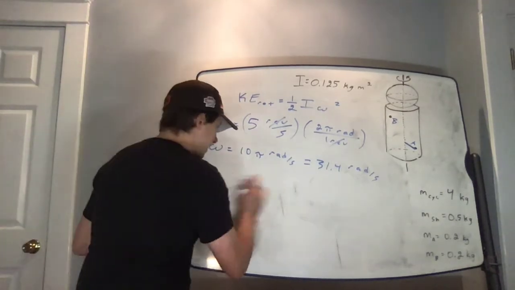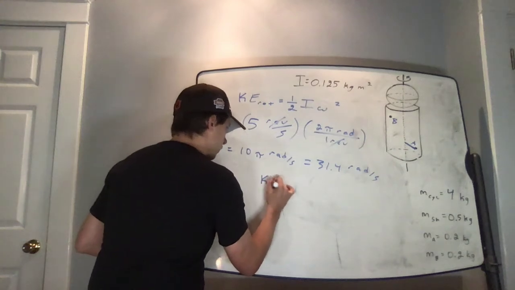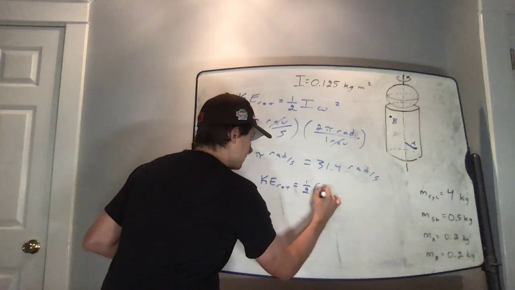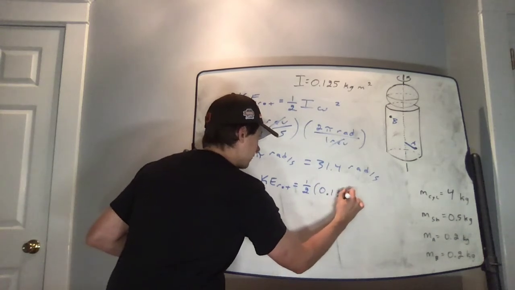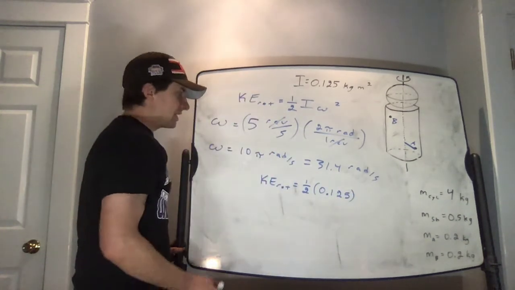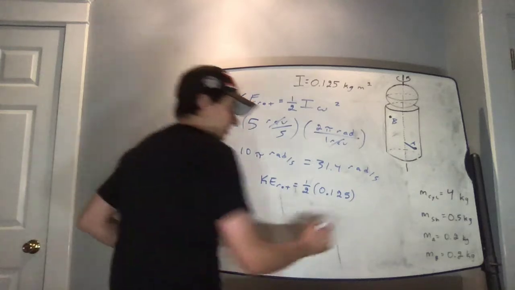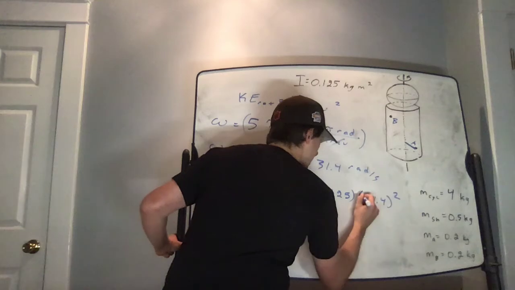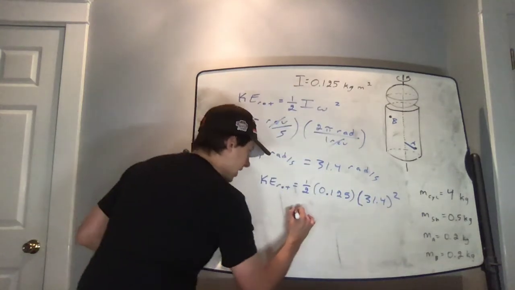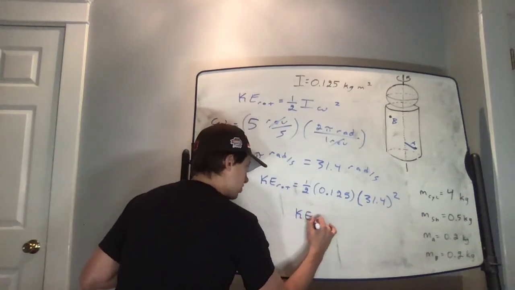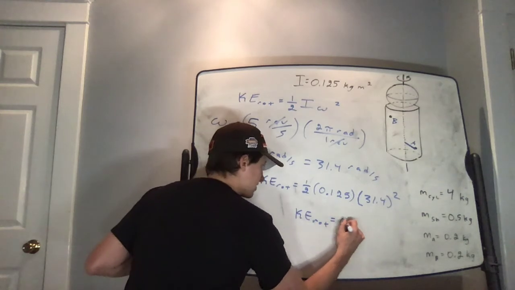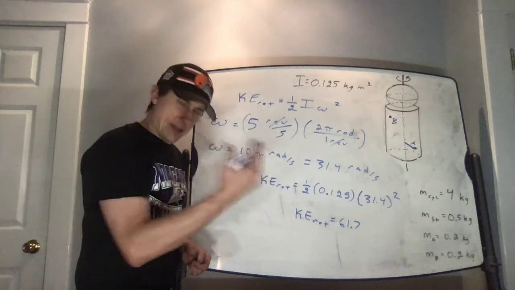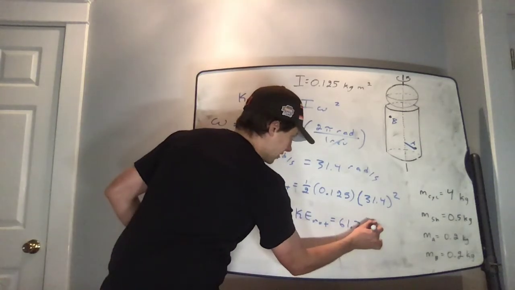So the kinetic energy of rotation for this object is going to be 1/2 times 0.125, the moment of inertia, times the angular velocity squared, 31.4 squared. And when I put this in a calculator, I find the kinetic energy of rotation is 61.7. Because we are dealing with energy, the units of this will be joules.